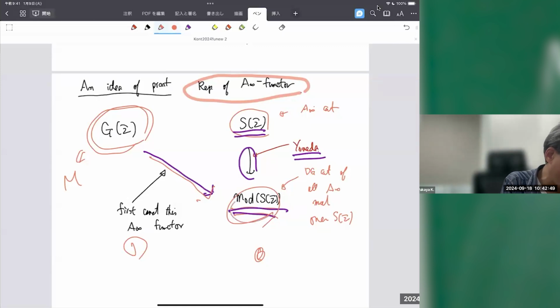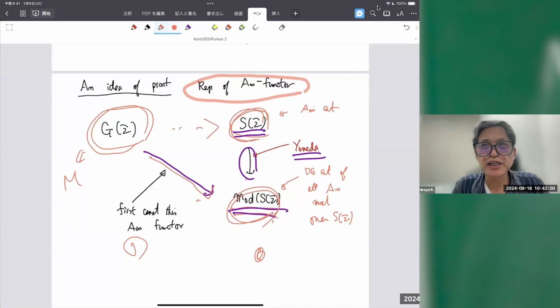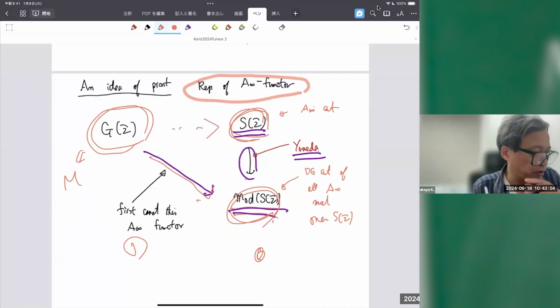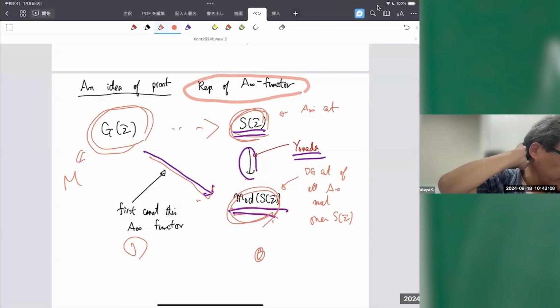It means that this module comes from some object in this S of sigma. Then you can lift this one to get an infinity functor. I think this idea we used already several times, once in the correspondence story, and the other in this Atiyah-Floer type things also.